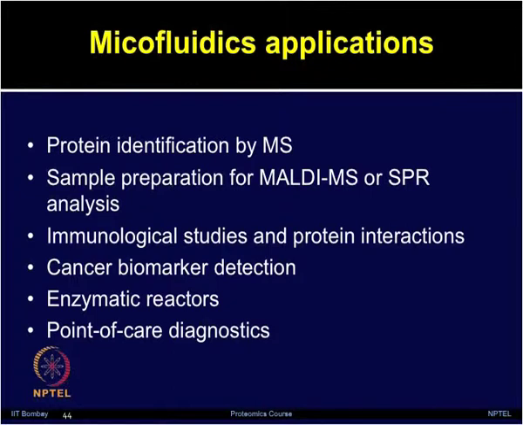Now, there is an increasing trend of applying microfluidics based systems with mass spectrometry, and microfluidics is applied for sample preparation for MALDI based mass spectrometry, as well as it has been applied for other platforms such as surface plasmon resonance. Even in SPR analysis, now microfluidic based systems are increasingly used.